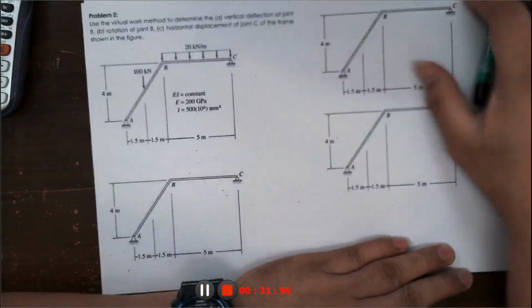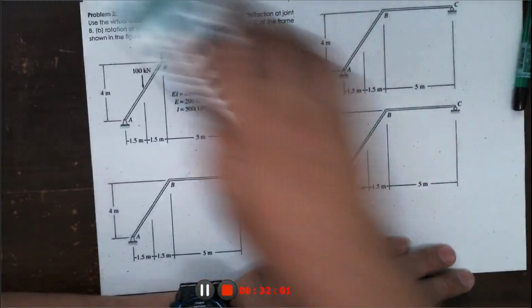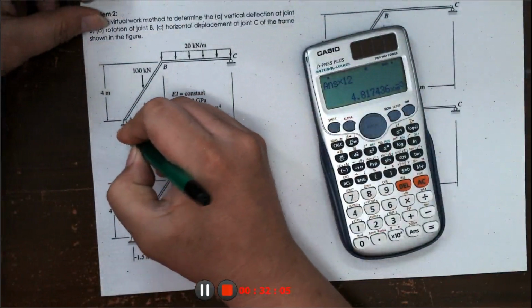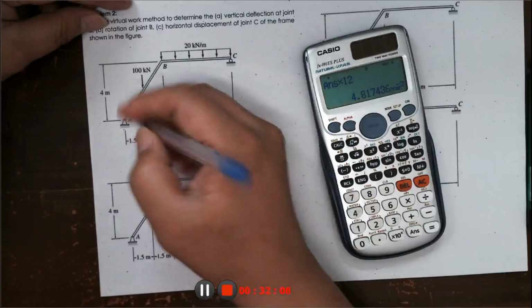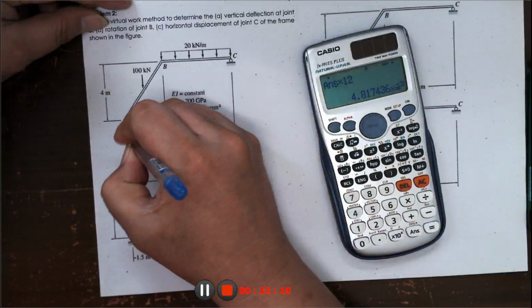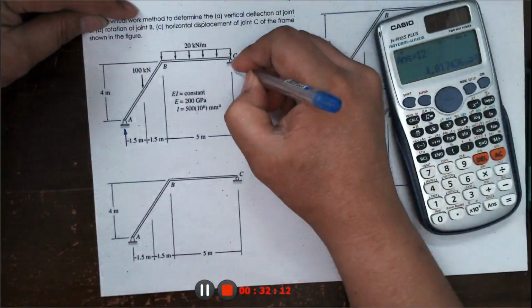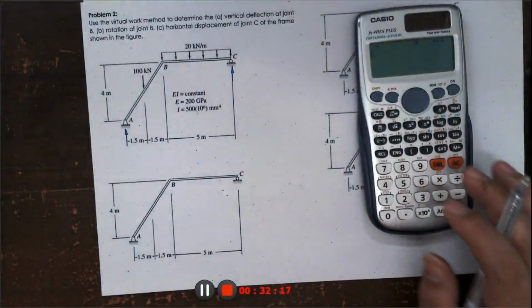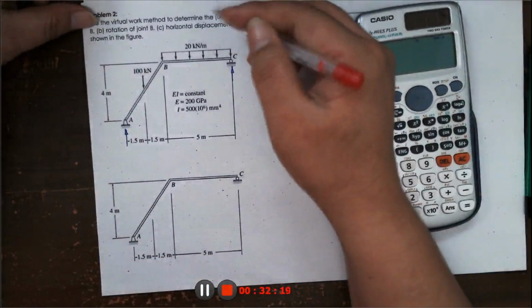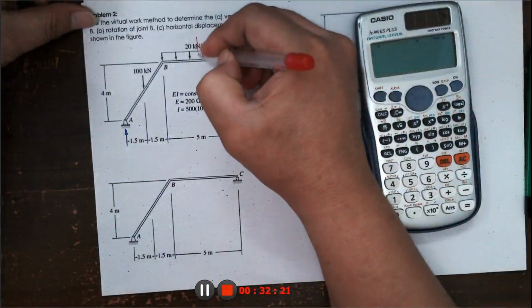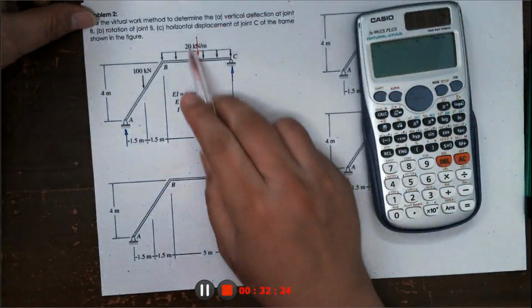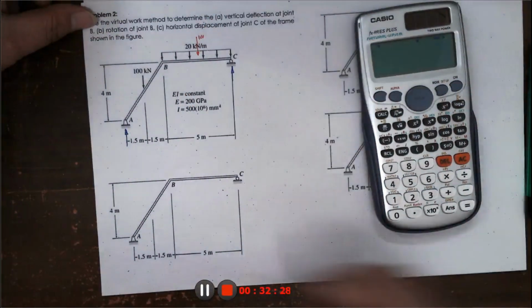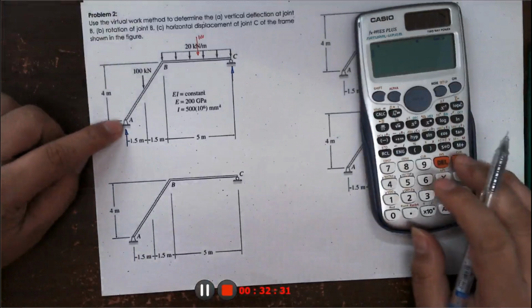Kuha na itong reactions ano eh. So, solve the vertical niya. Tapos, kinis. Okay. Resultant. It's 20 times 5, so 100. Sige, sa pag-moment din.